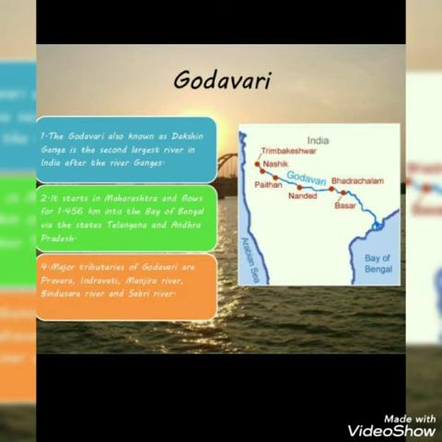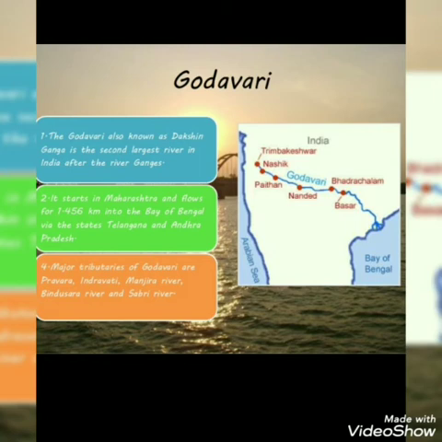It starts in Maharashtra and flows for 1,456 kilometers into the Bay of Bengal via the states of Telangana and Andhra Pradesh. The major tributaries are Pravara, Indravati, Manjira, Bindusara and Sabri.